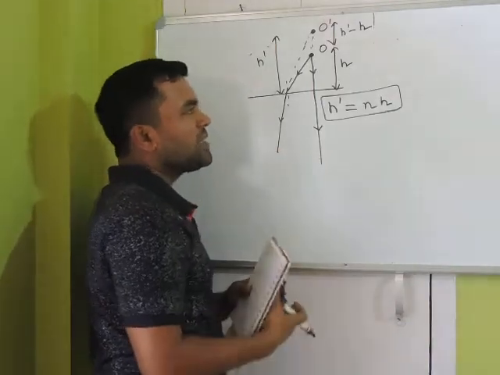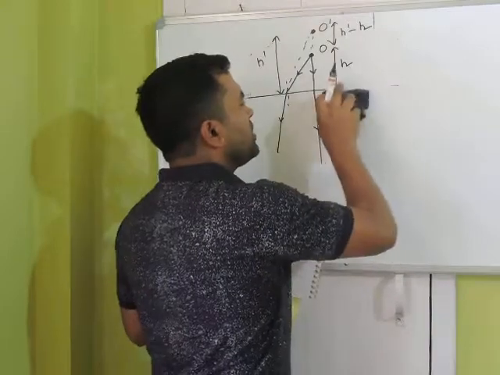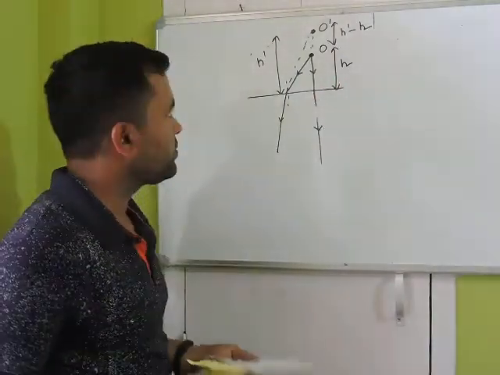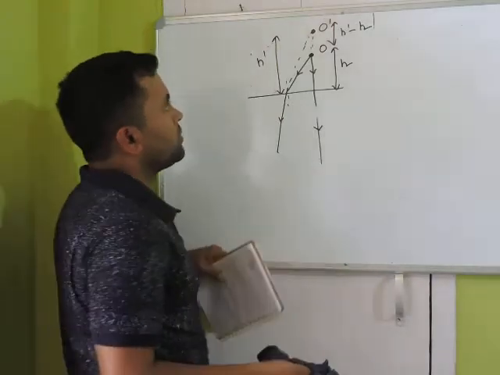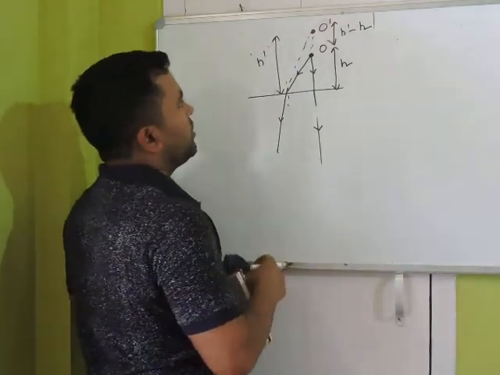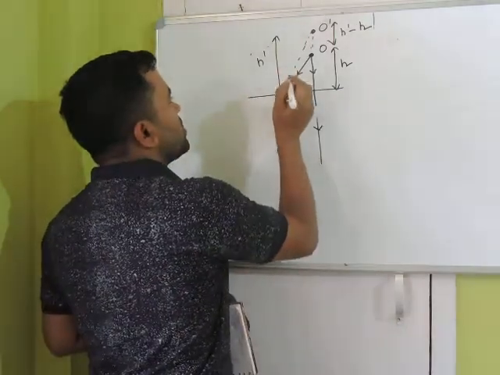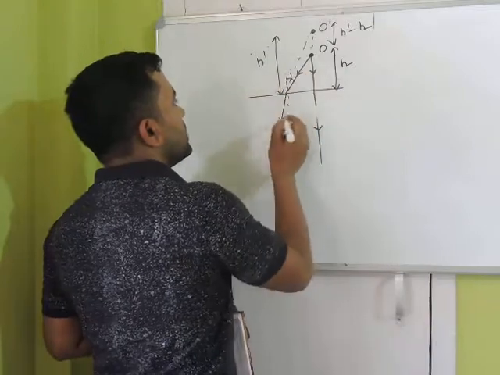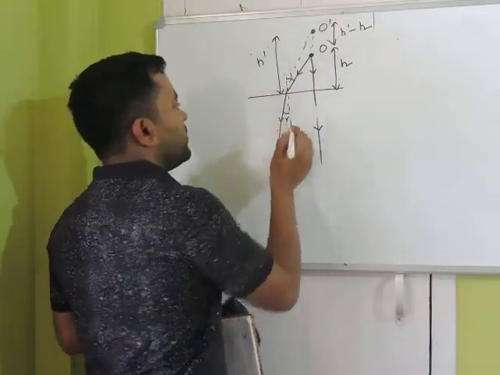Okay, this relation is not important, but the ray diagram for this you should know. Again, this will be the angle of incidence and this is the angle of refraction.